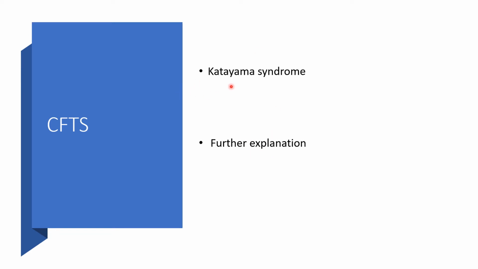Let me give further explanation here about Katayama syndrome because it's a separate topic on its own. Though I have not gone into the real signs and symptoms of Katayama syndrome, this explanation is necessary. It may be confusing in the non-endemic zones, and why is that?